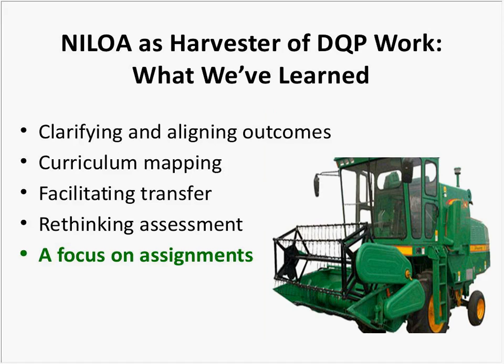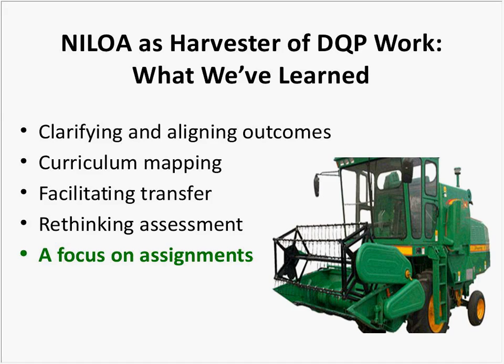So it's important to harvest or track how campuses engage with the DQP, and to some extent recently tuning as well. And you see some of the things we've uncovered here along the John Deere harvester. A lot of campuses are using the DQP to examine, clarify, and align their own outcomes. One thing we heard is that lots of campuses have lots of different conversations about outcomes going on, and the DQP can provide what one person has called a universal translator.